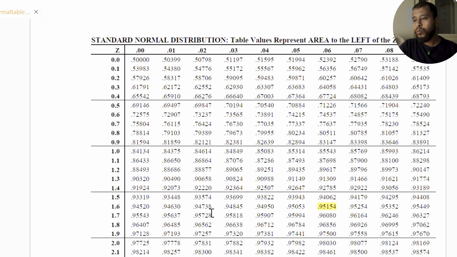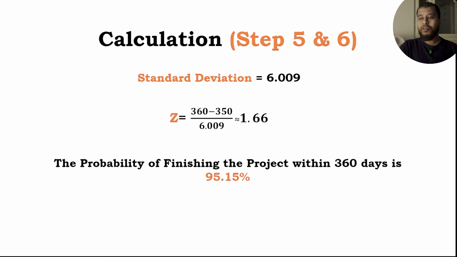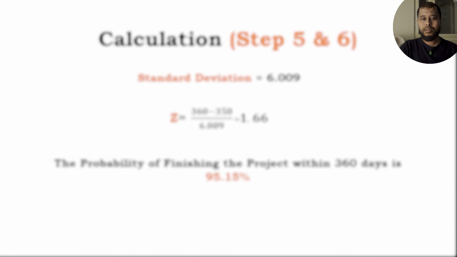So my value would be there, at column 0.06 and row 1.6, and it is 0.95154. So the probability of finishing the project within 360 days is 95.15%.